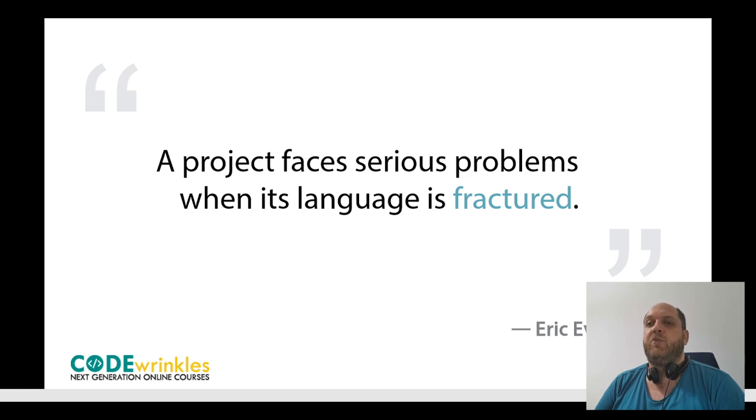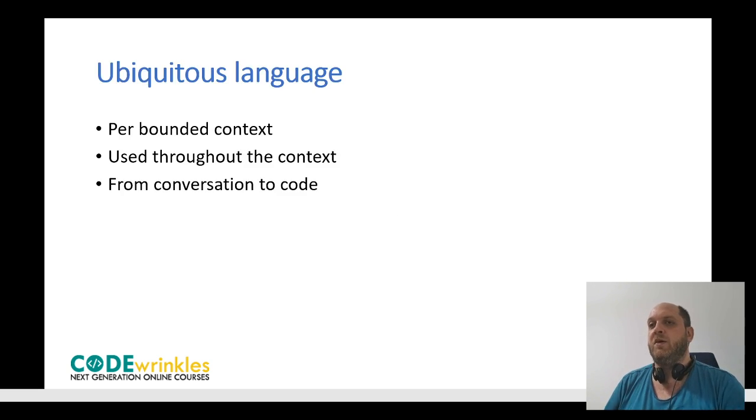Then probably we should rename that method from create into basically what the domain expert uses. In this case, subscribe. And when we talk about subscribe, we as developers, but also the domain experts, will always think about the same thing and the same behavior.